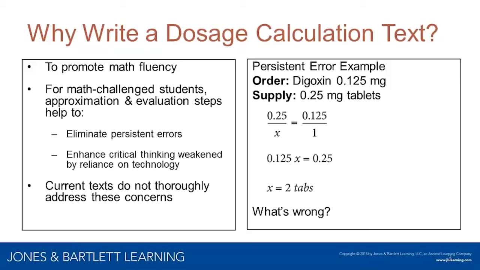Because if they approximate, they can say: if the order amount is less than the supply amount of 0.25 milligrams, then the quantity should be less than the supply quantity of 1 tablet. And we believe that most current texts on the market don't really address those concerns, the reliance on technology and critical thinking, as much.